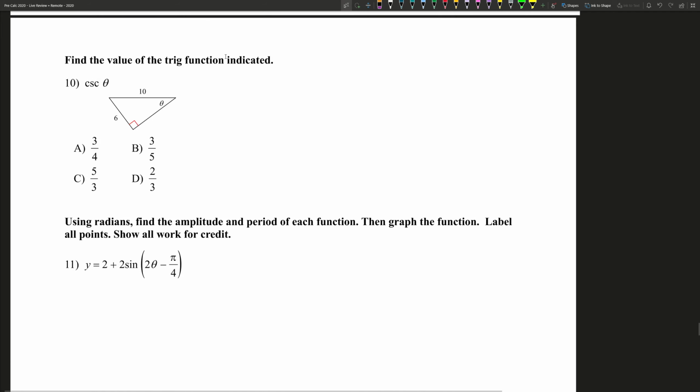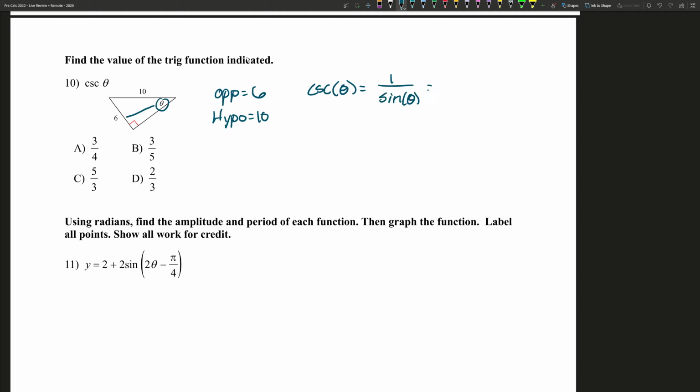Number 10, find the value of the trig function indicated. We're just trying to find the ratio here. We're given theta, an opposite side, and a hypotenuse. Our opposite is 6, hypotenuse is 10. Cosecant of theta is 1 over the sine of theta, which is just 1 over y.